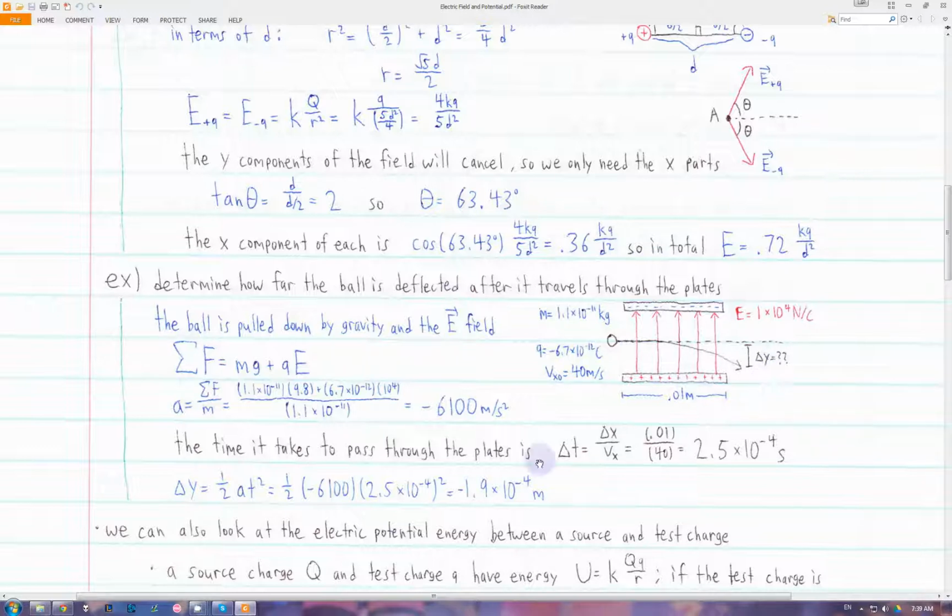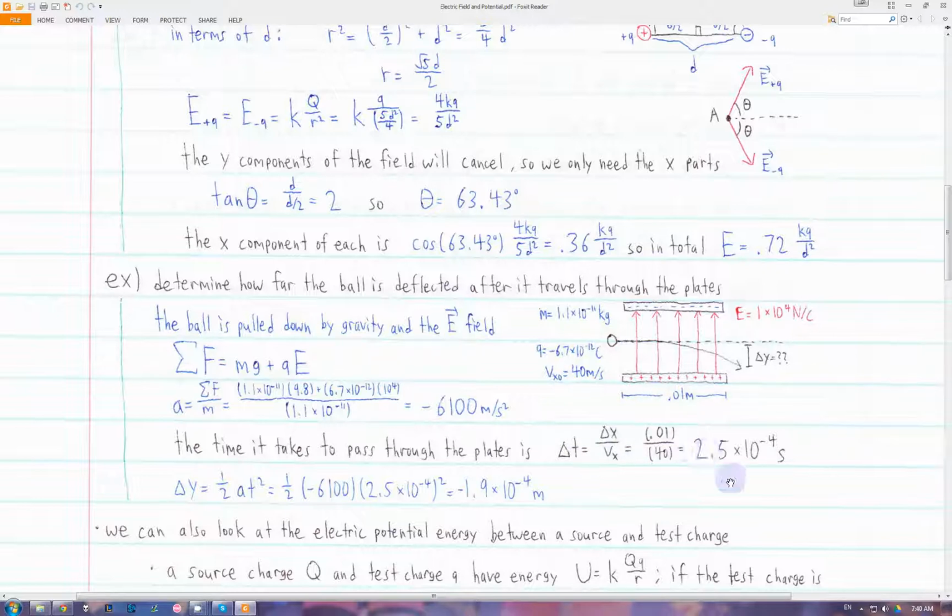So now we find the time that it will take to pass through the plates, because it does not accelerate in the x direction. So we can just use distance equals rate times time to find the time interval. And the distance is 0.01 meters and the velocity is 40 meters per second.